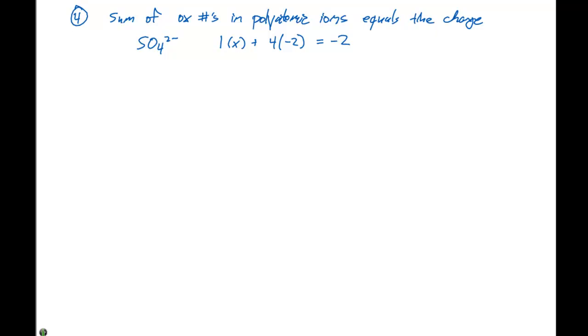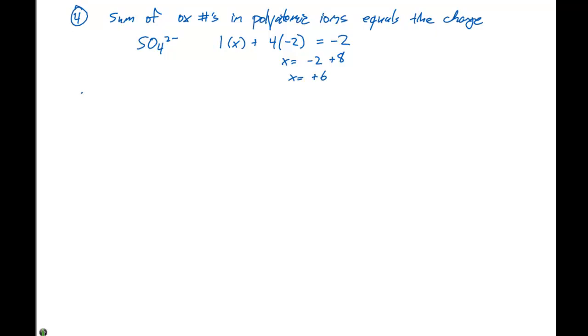So here, if we do our algebra, our x is going to be equal to -2 plus 8, or x is going to equal +6. So here our oxidation number of sulfur in SO4 2- is going to be +6, and the sum of all these oxidation numbers of the atoms in polyatomic ions has to equal the charge.